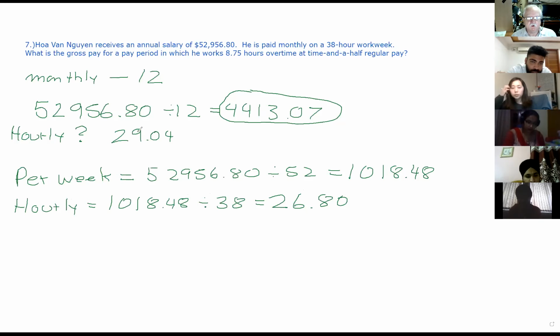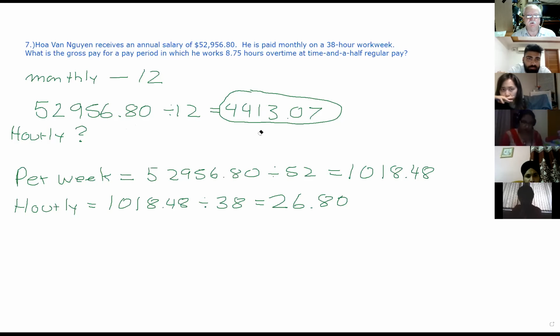So this 29.04, that would have worked if there was 48 weeks in a year. But the trouble is, we happen to know there's 52 weeks in a year.